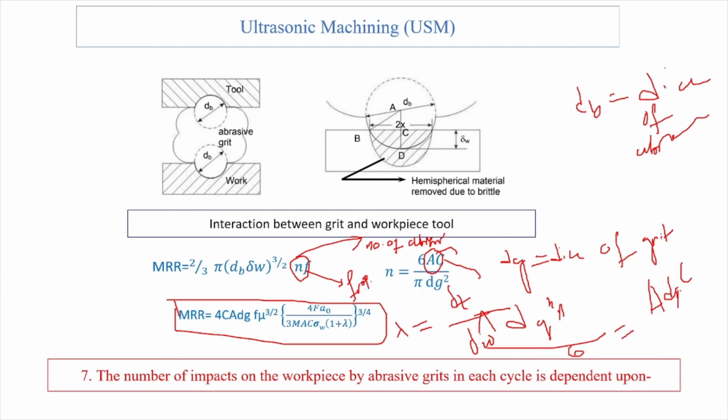The typical elements of USM are the slurry delivery or return system and the feed mechanism, which provides a downward feed force on the tool during machining.